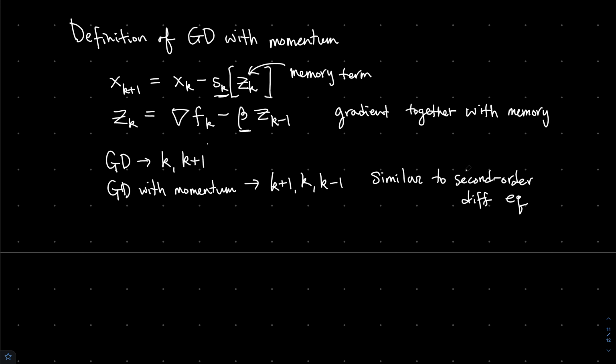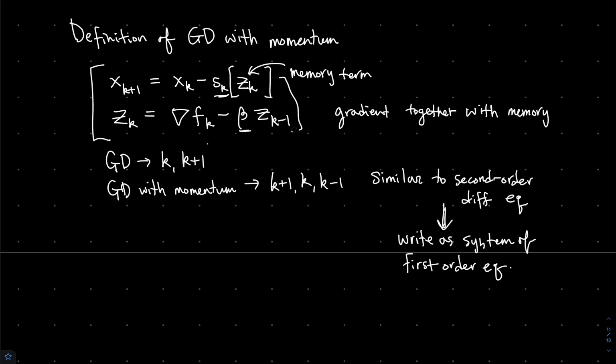Now, how do we deal with second order differential equations? We write them as a system of first order equations. So, similarly, we would want to write these two equations as a system of two first degree difference equations.